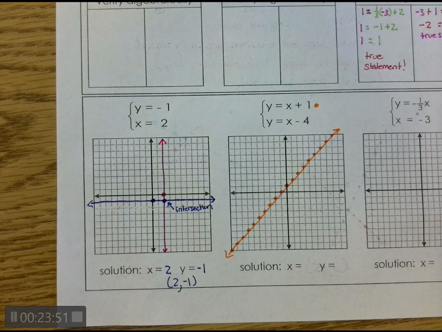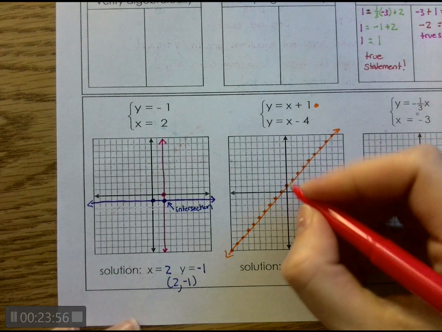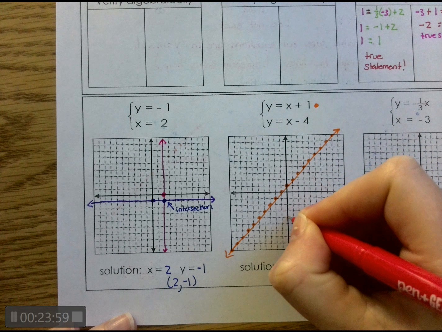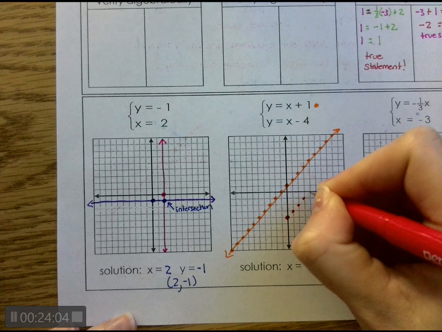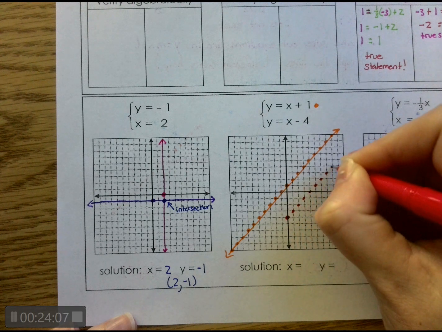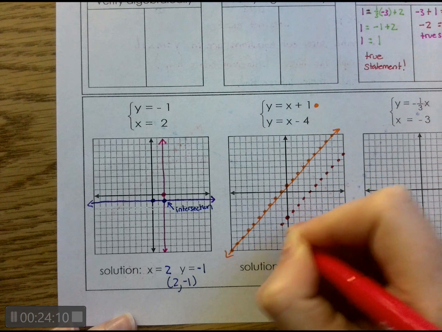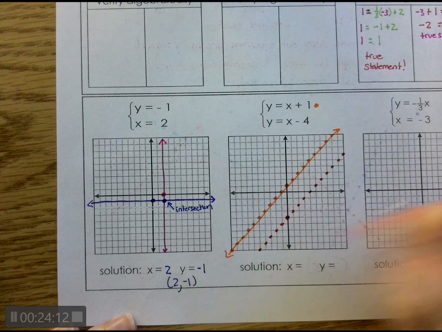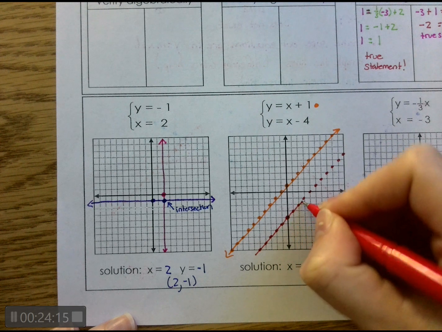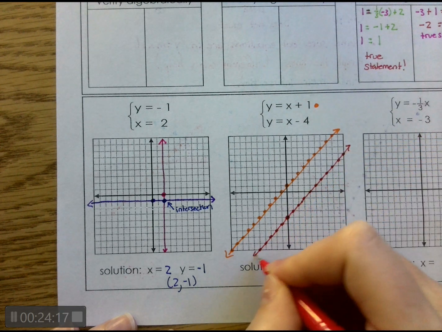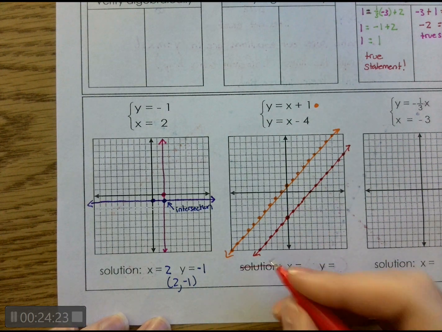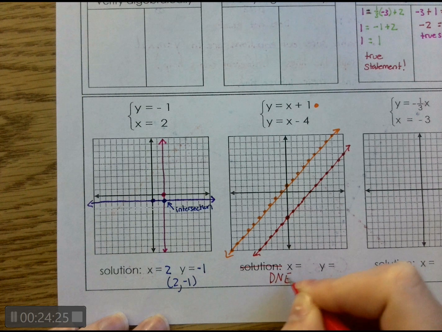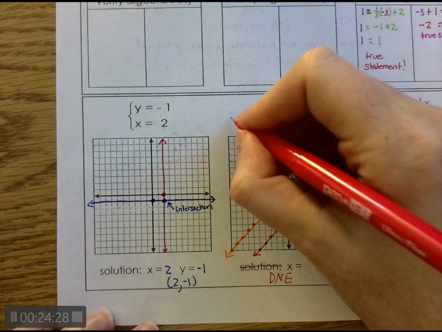And then y equals x minus 4. So go down to your y-intercept of -4, and your slope is going to be 1 over 1. Wow. After we connect our dots, look at this. These are parallel lines, so there is no solution. This is a does not exist because they're parallel lines.